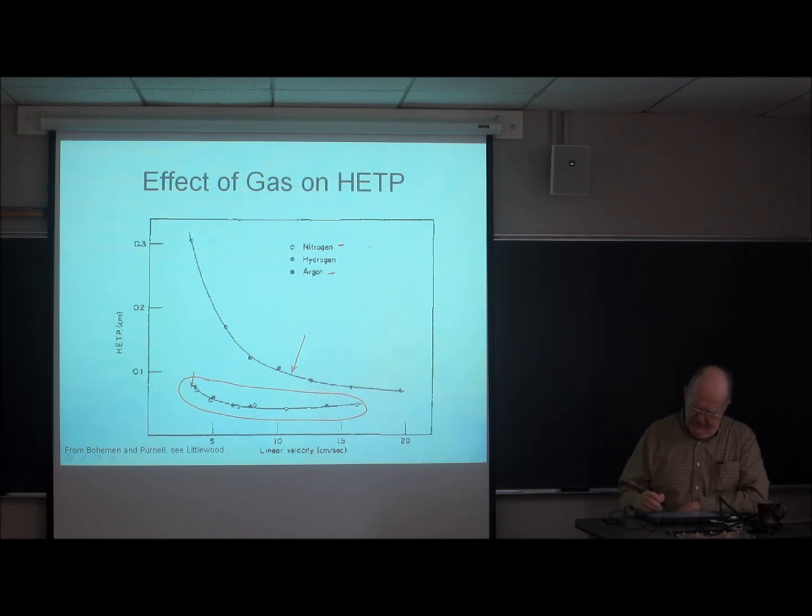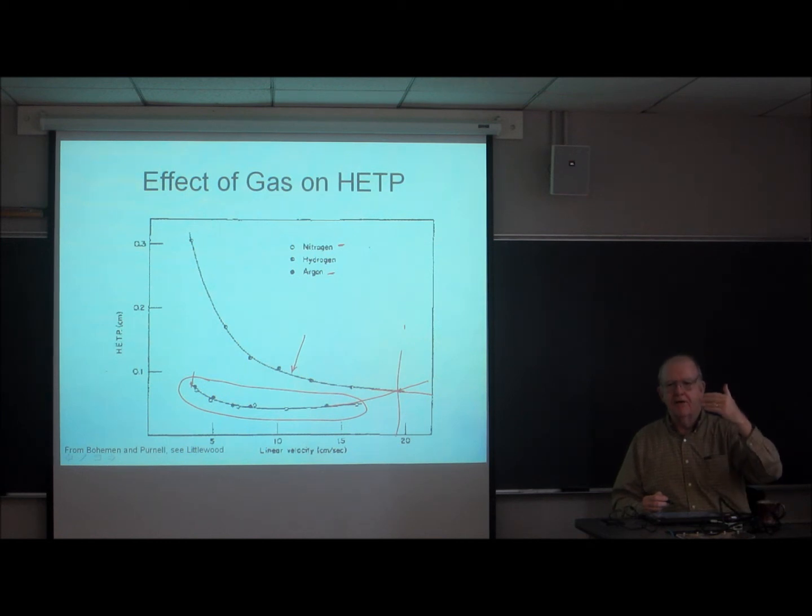But if we went out to a high enough velocity, this curve would cross over that curve. And this is where the C term of the Van Deemter equation begins to dominate, and in particular, the C term corresponding to external mass transfer dominates, and as you decrease diffusion coefficient, that transport from the mobile phase to the particle gets slower and slower.